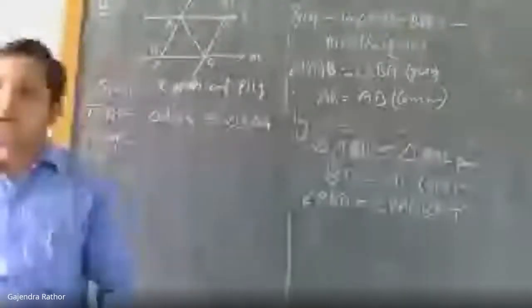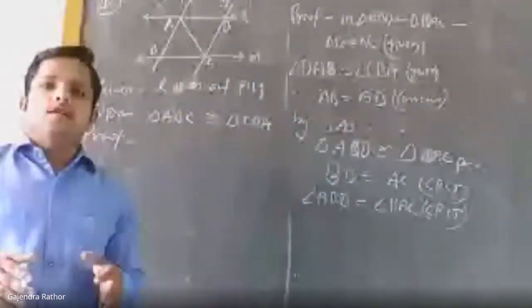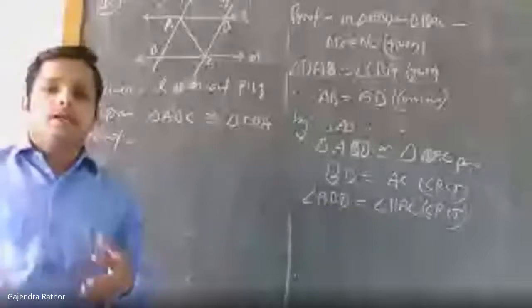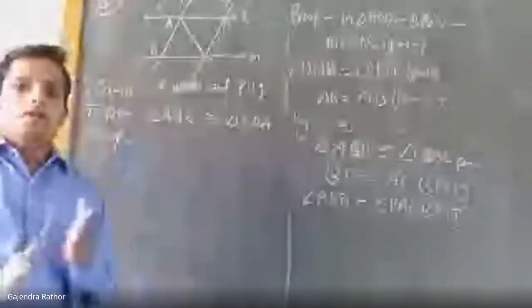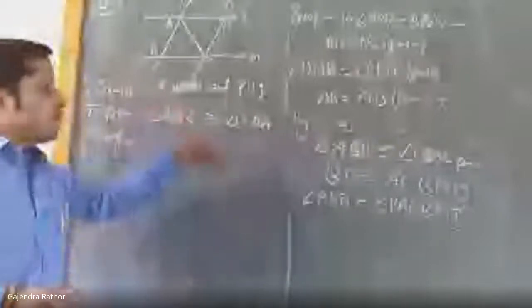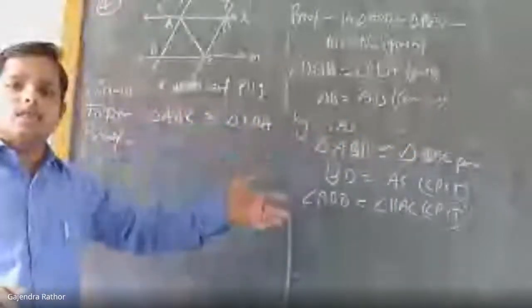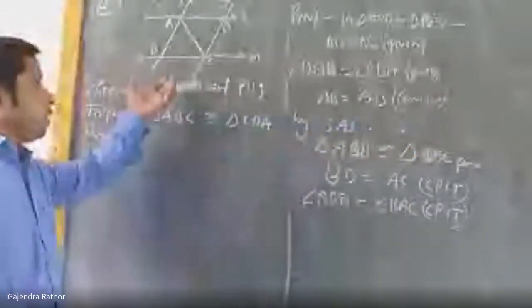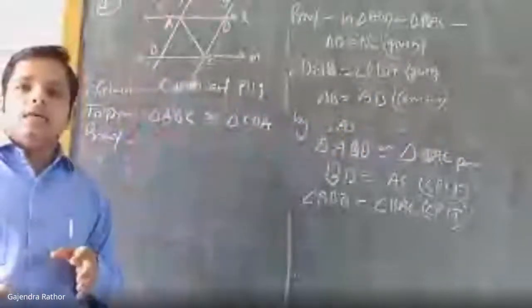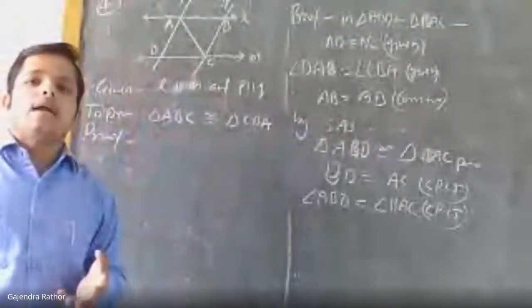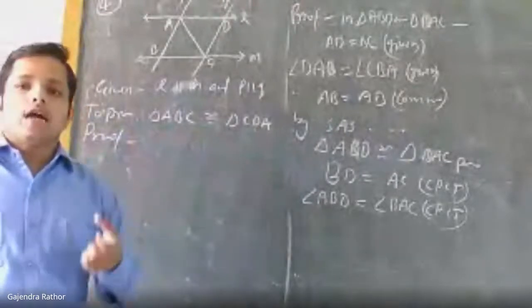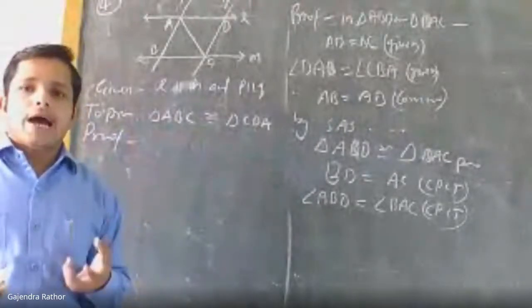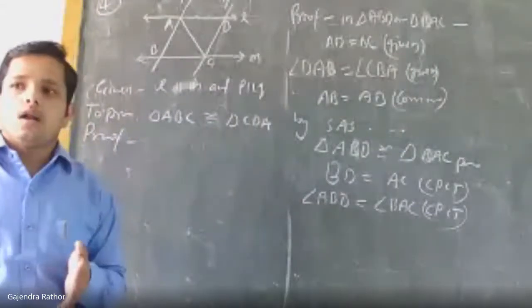Okay. So in this question, there are no parts given that are equal. So this is a different question from the previous one that we discussed recently. We need to apply some properties of parallel lines here. By applying the properties, we can find out which parts, sides or angles, are equal.